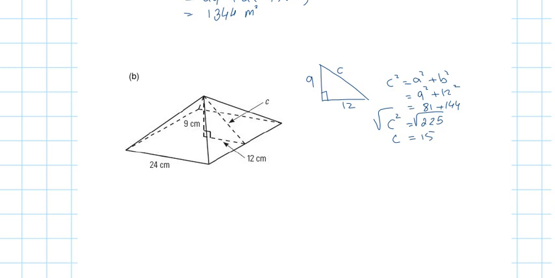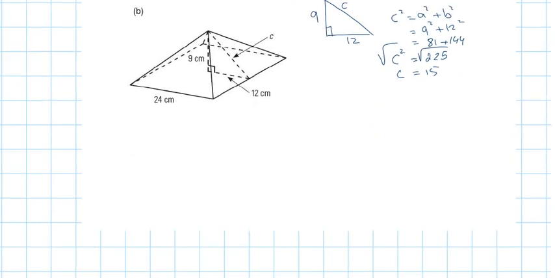Okay? Now, since I know the slant height, the surface area is base squared plus 2bs.